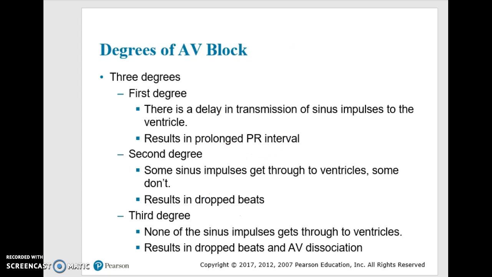Now, looking back at the degrees of an AV block, we have a first degree, a second degree, and a third degree. And again, we're going to get deeper into that as we move forward. But first, there are some different things that I want you to understand about an AV block. What happens with an AV block is the SA node fires, and then the roadblock causes one of three things to happen.